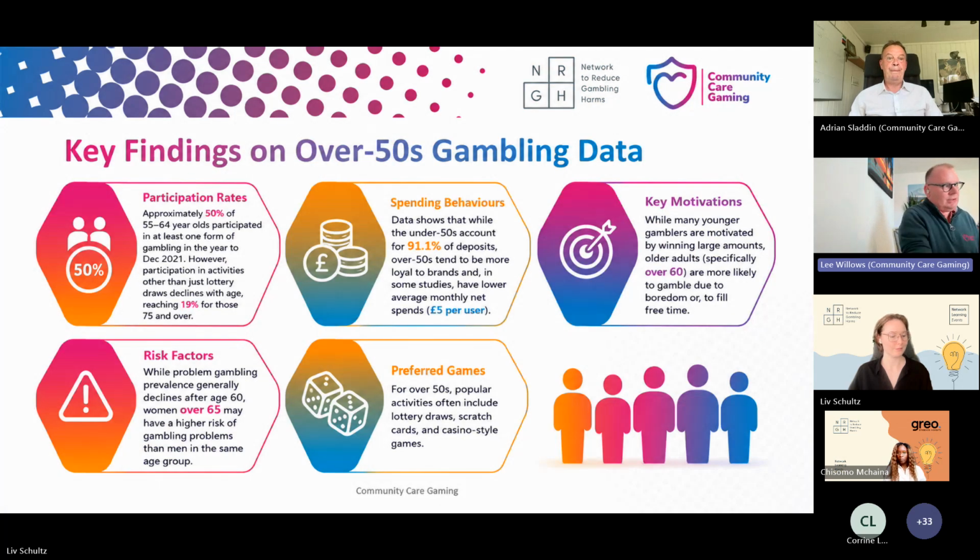And then let's take a dive into some of the data, being data-led, being evidence-led. As you know, it's going to be really important for us. And if you go to our website, communitycaregaming.org, you'll see there's a research hub. And on that research hub, we've got well over about 20 different research papers, and quite a few of them are relevant to this particular cohort, the over 50 cohorts.